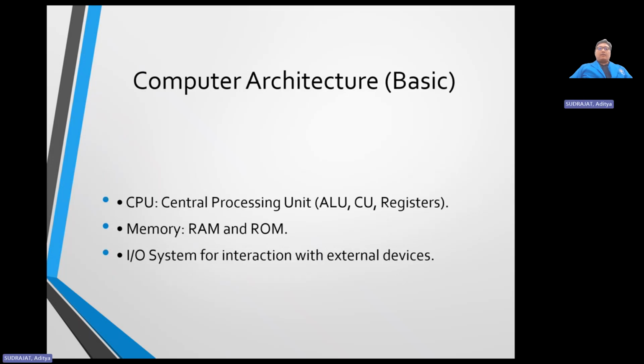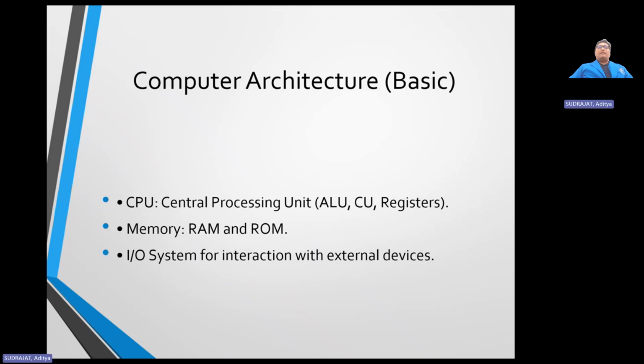The next topic is computer architecture. The first part is the CPU, the central processing unit. It is the brain of the computer. It is small, but it holds our processing in a small device. The second is memory, RAM and ROM.